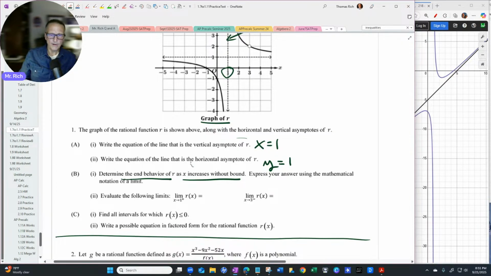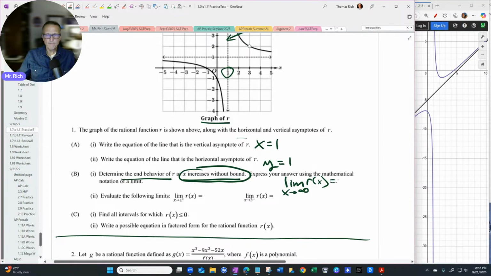But they're talking about a specific end behavior, and that is the one where x increases without bound. That is a way of saying as x goes to infinity, increasing, getting bigger, out to the right is what that means. So that means that we have to write an answer that would say the limit of r of x as x approaches infinity, out to the right.